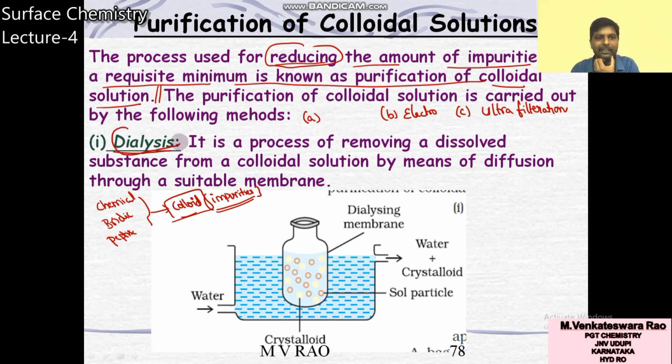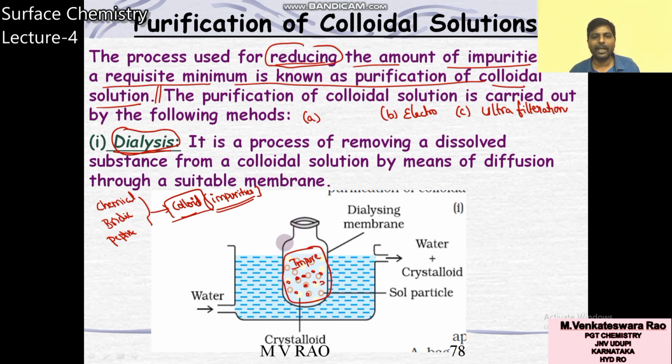You may have heard about this word dialysis for kidney patients. The same technique is here also. It is a process of removing a dissolved substance from a colloidal solution. This colloid at present is an impure colloid because it contains some dissolved impurities.